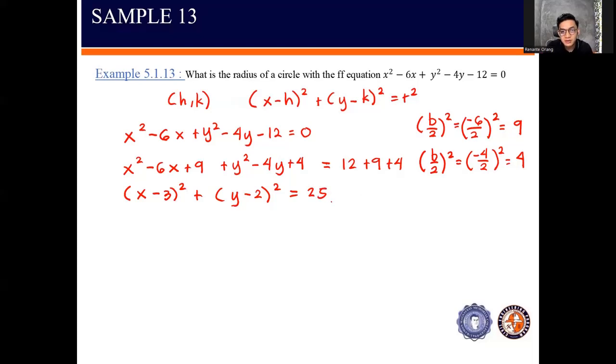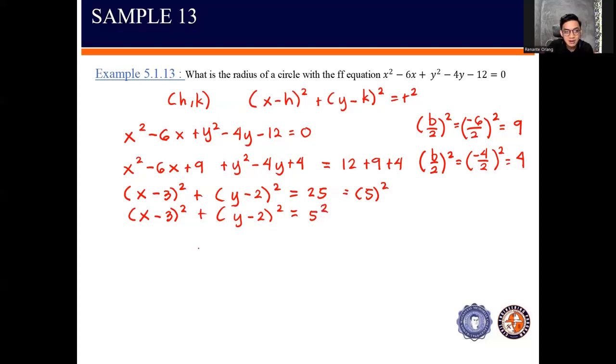So let's write it out, we're not in a hurry. Squared plus y minus 2 squared is equivalent to the square root of 25. Let's write that as 5 squared. So this is 5 squared.